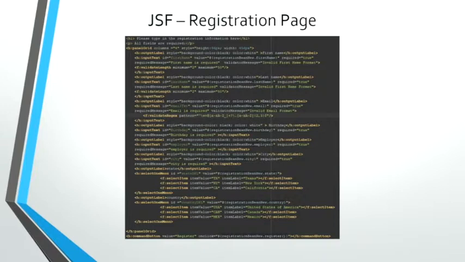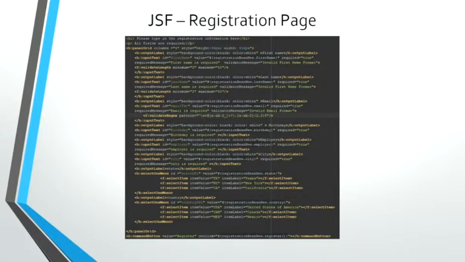Here we have a screenshot of our registration page on JSF. It has all the input boxes from the previous page. It as well includes the validation, which, as you can see, includes the minimum of 2 characters and maximum of 50 characters, as well as the email validation requiring the @ symbol and the .com.